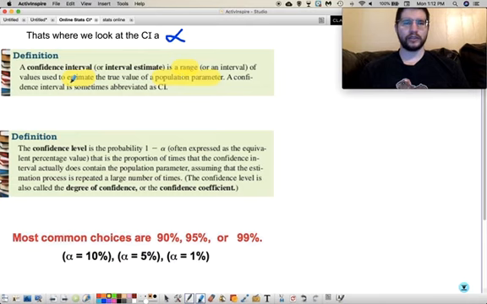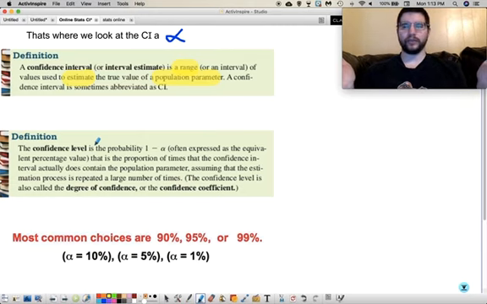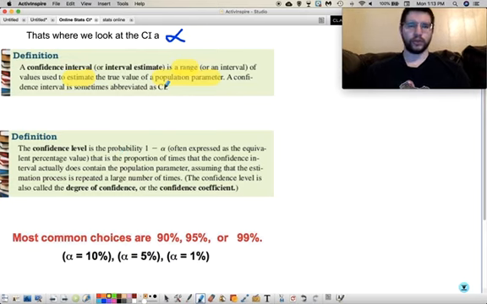So we're going to calculate the confidence interval, and it's going to tell us our population parameter is somewhere between this value and that value. Might be between 0.1 and 0.3 or something. We don't know. We'll find an interval to estimate our population parameter.